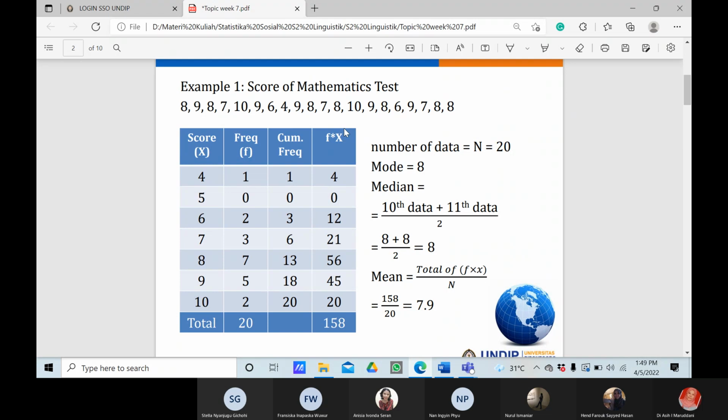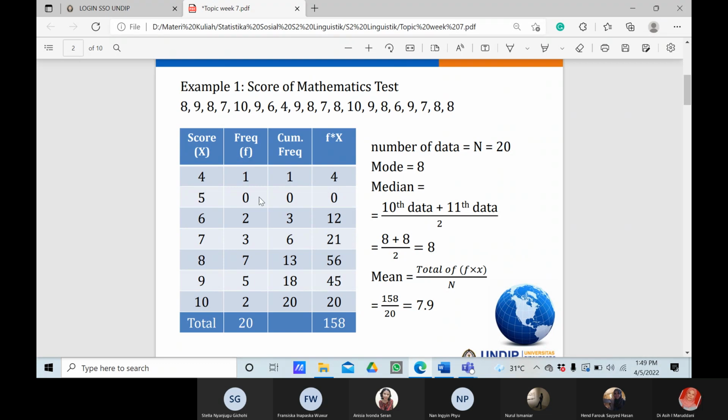For the mean, you have to add a column here, the fourth column, which is the score times the frequency. The first row is 1 times 4, which is 4.